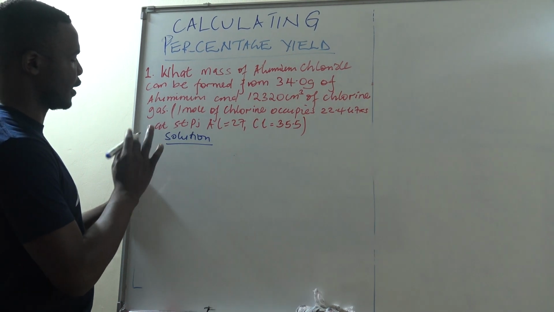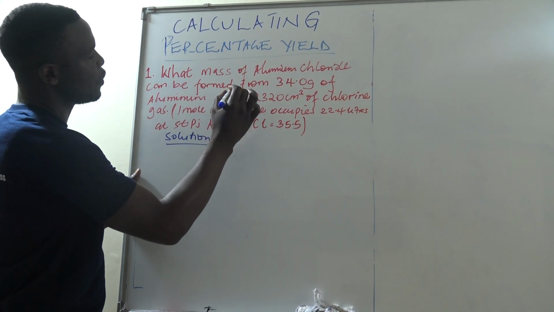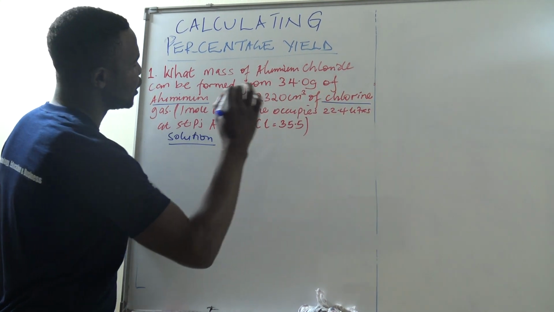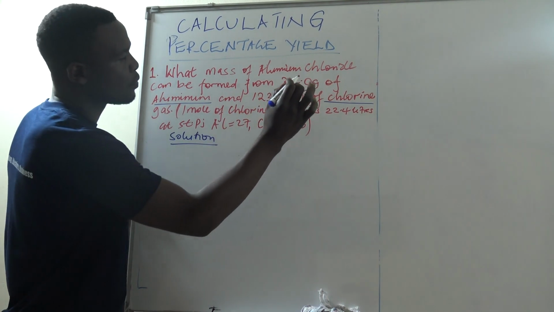So let us begin. They are saying, what mass of aluminium chloride can be formed from aluminium and chlorine? So we have two reactants, aluminium and chlorine.